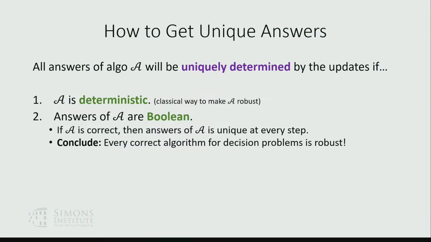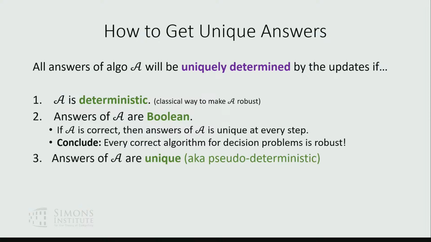Every correct algorithm for a decision problem without this gap is just automatically robust. More generally, if you give exact answers, you are robust. And if your answer is unique or pseudo-deterministic in a sense, like maybe you want to maintain a spanning tree, but what you do is return the minimum spanning tree.